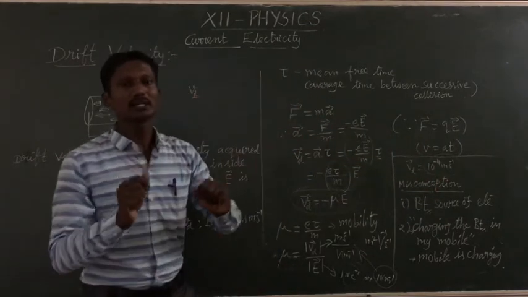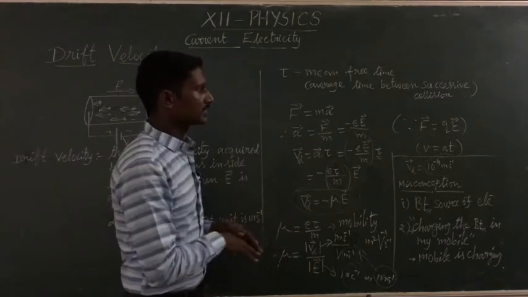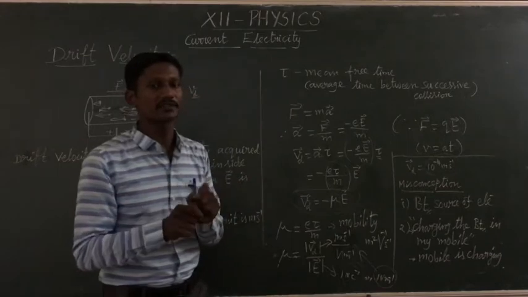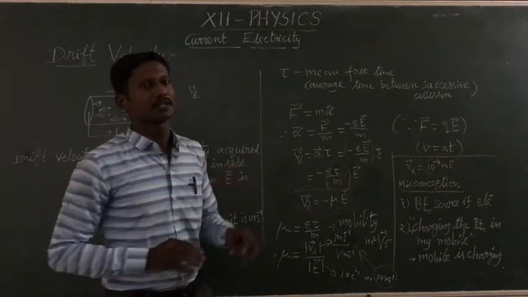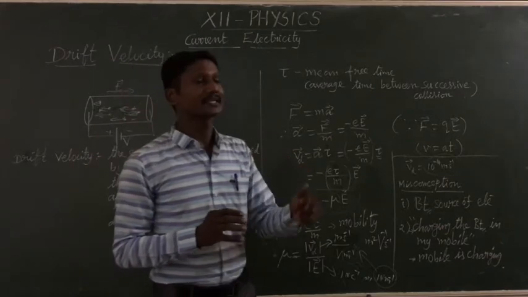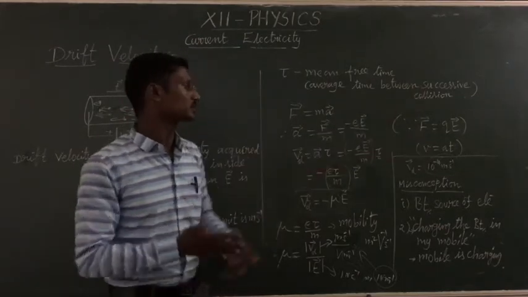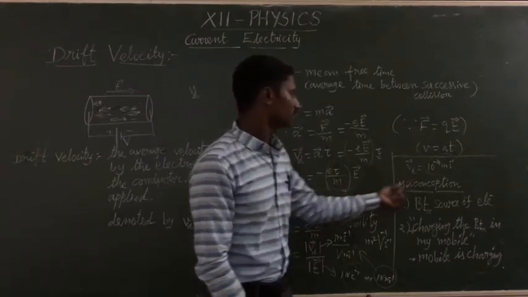But how does the bulb suddenly glow? Because electrons are not moving from one place to another place. The energy is transferred from one place to another place. When I switch on the bulb, the electric energy suddenly reaches the bulb, so the bulb glows. So the electron is moving with a very small velocity only.